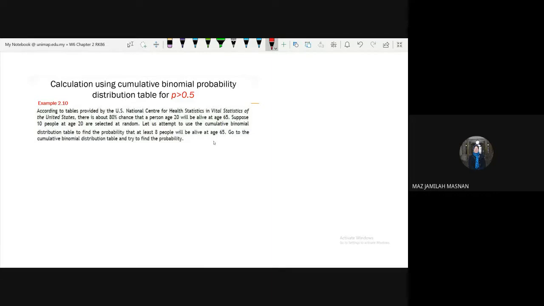How do we know that this is binomial? What is the keyword that this is a binomial distribution? We are talking about the chance a person would be alive at age 65, so we are talking about alive or dead. That means there are two outcomes: the person will be alive or dead.